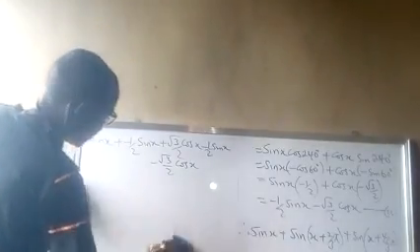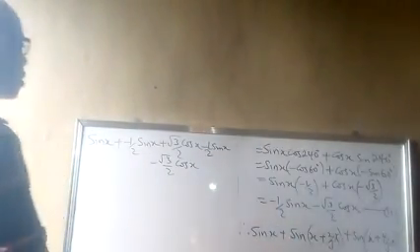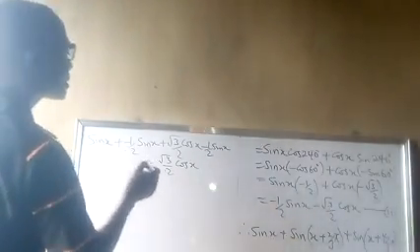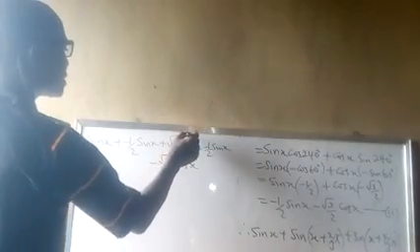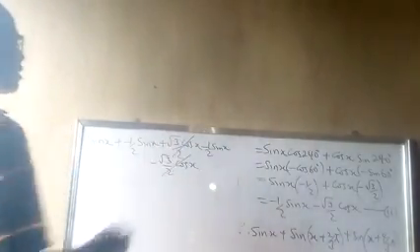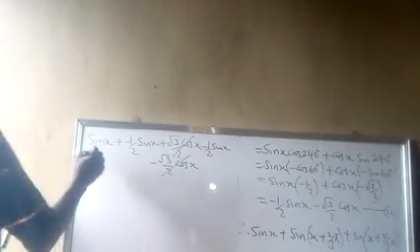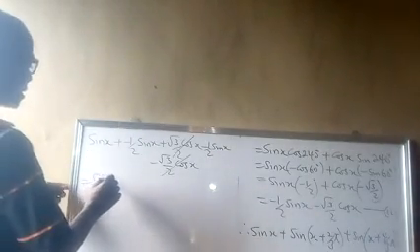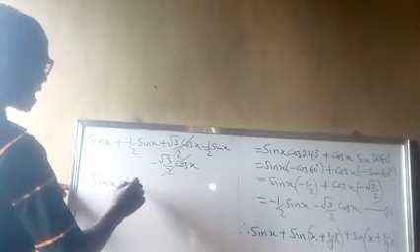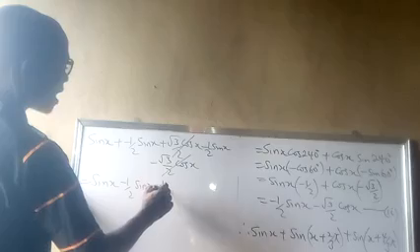So let us add everything together and see whether we are going to have 0. The root 3 over 2 cos x and minus root 3 over 2 cos x cancel. So we have sine x, minus half sine x, minus half sine x left.